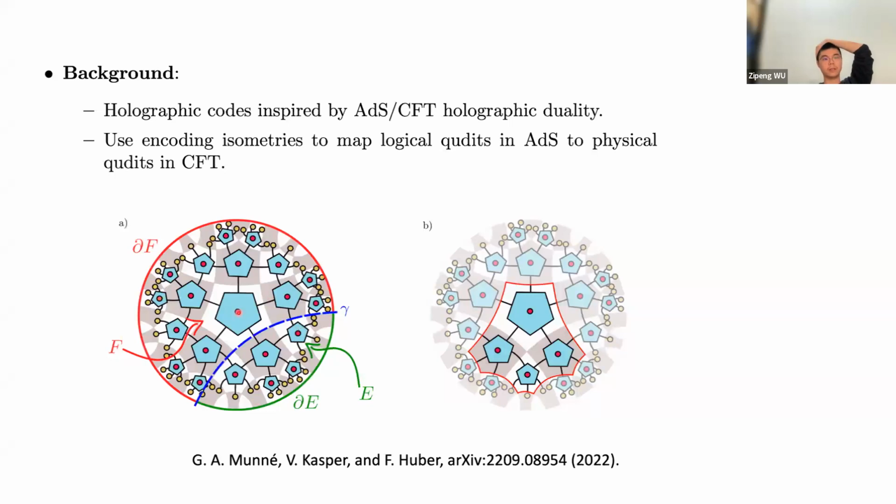The quantum information in the bulk is encoded into the boundary, and that is the idea of the holographic code. Prior to this work, the holographic code was constructed through the tensor network contraction I mentioned before. And as you can notice here, as you extend your boundary to a next layer, the contraction complexity will significantly increase. It will become infeasible very soon.